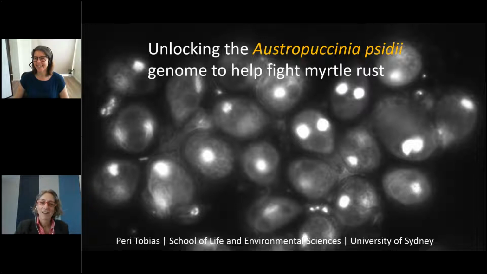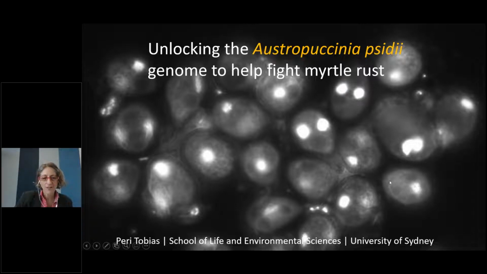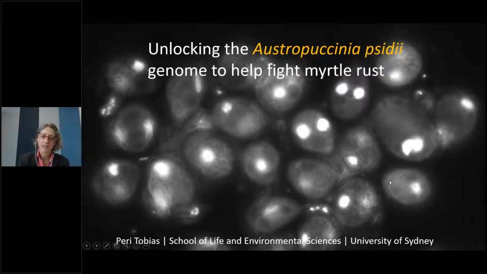Okay. All right, so I've talked a lot about the genome, and I thought today maybe I'd give a little bit of background into how and why we went about building this genome for Austropuccinia psidii, and also what we hope to achieve with it. I'll just refer to it as Myrtle Rust, though the actual name is Austropuccinia psidii.